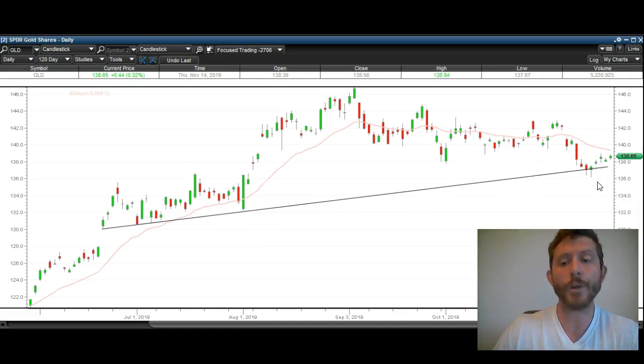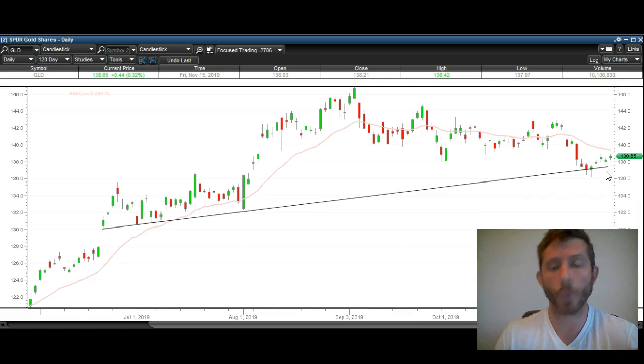If we lose this uptrend line and close below it, I think gold is going to head much lower. Right now, in the zone where we're currently at, to me it's kind of in no man's land. I don't really want to get long gold. I don't really want to short gold just yet, if you are not currently in a position.